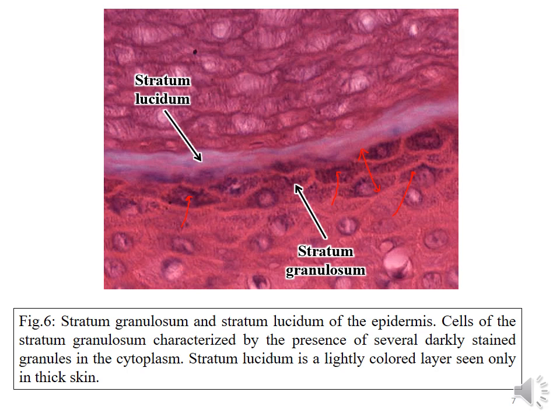These are the keratohyalin granules that we talked about, which appear as darkly stained structures under the light microscope. Then, superficial to it, we have the stratum lucidum, a pale staining, thin region found only in thick skin.